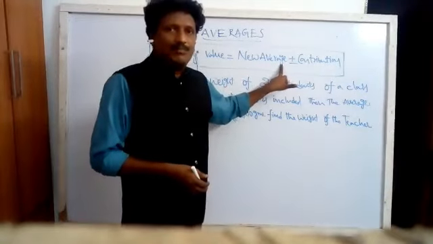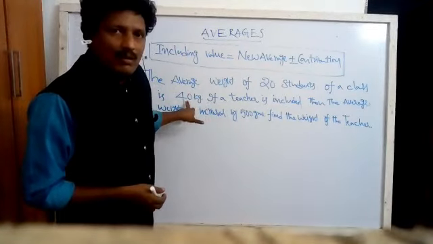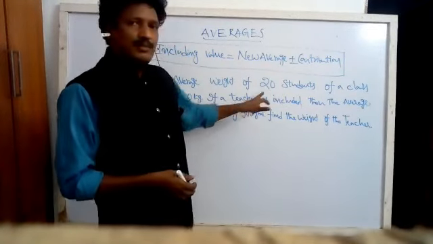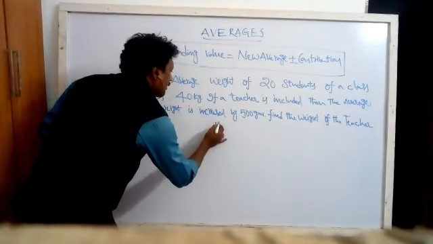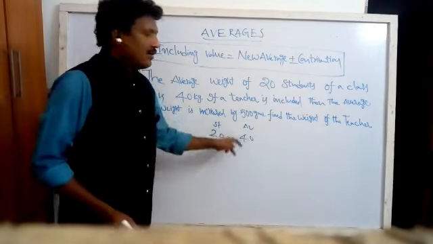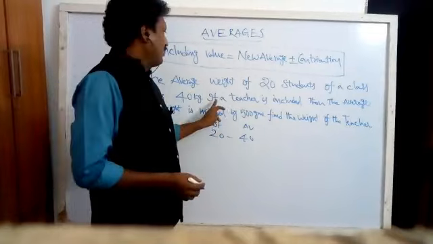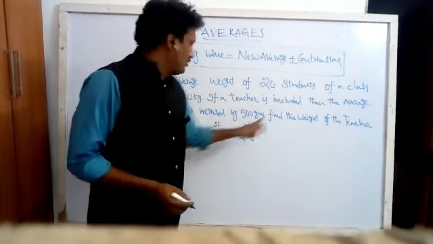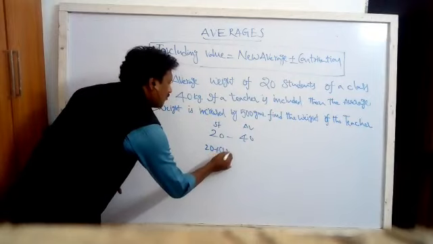New average. What is the meaning of new average? The original average is 40 before including the teacher. So for the 20 students in total, the average weight is 40 kgs. This we can call the original average. Before average. If a teacher is included, this group of 20 becomes 20 plus 1, 21.